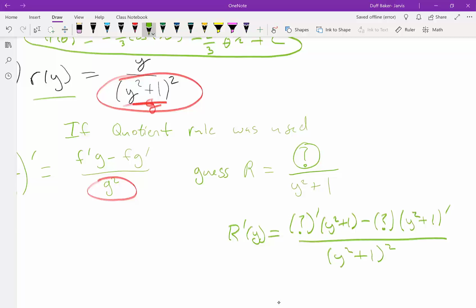So you see we have the bottoms matching up, right? The y squared plus 1 squared matches up with the original. And so what we need now is for this top to just be y. So what could we choose for question mark?